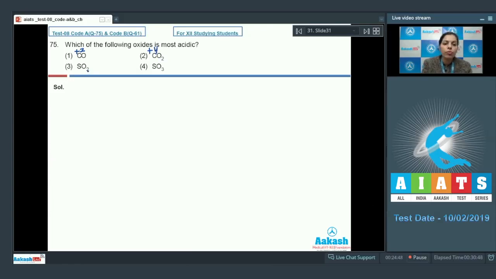For SO2, the oxidation number is +4 also. In case of SO3, the oxidation number is +6. The more positive the oxidation state, the more acidic the oxide. It means the most acidic is sulfur trioxide. That's given here in option 4, and on that basis option 4 is the correct option.